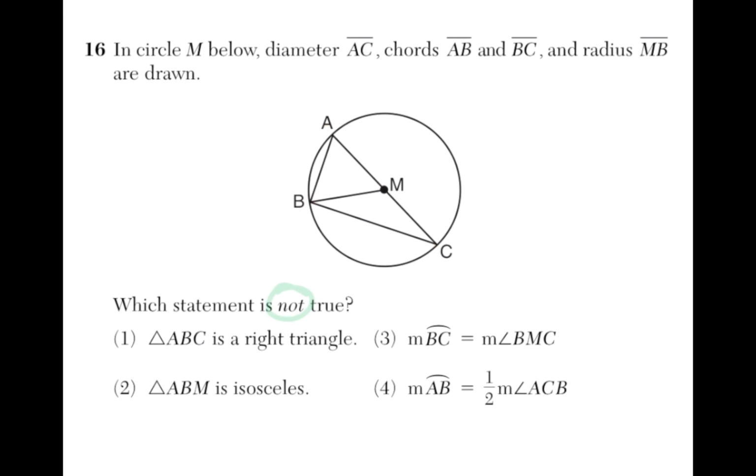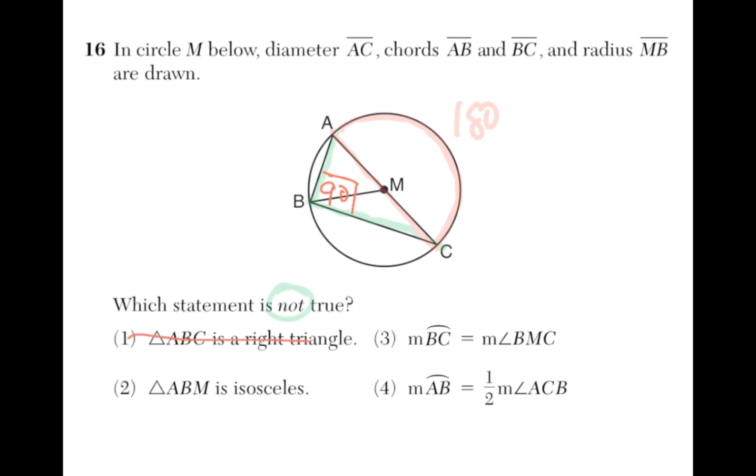What I do know is that we've got an inscribed angle right here, ABC, and I also know that it intercepts the diameter, right? And so I know that an inscribed angle is 1/2 its arc, and because it's the diameter, this is 180 degrees, so I know that ABC has got to be 90 degrees.